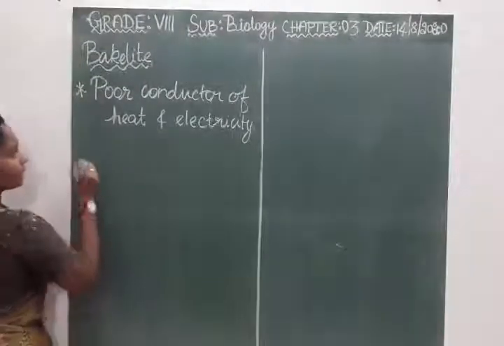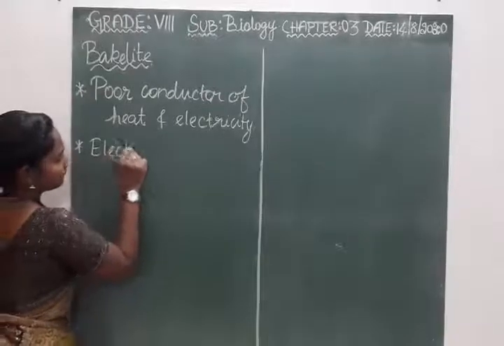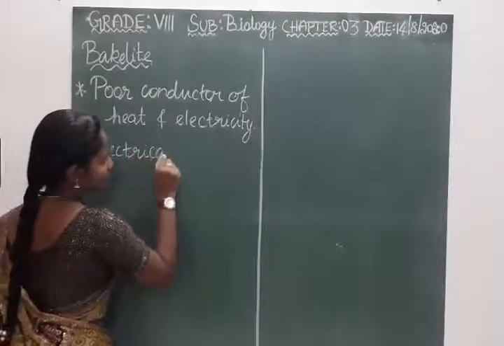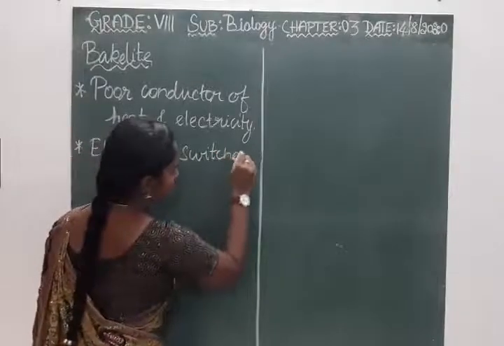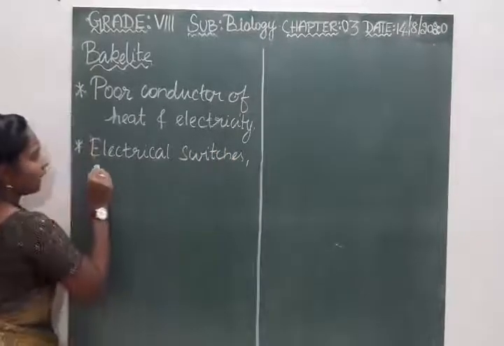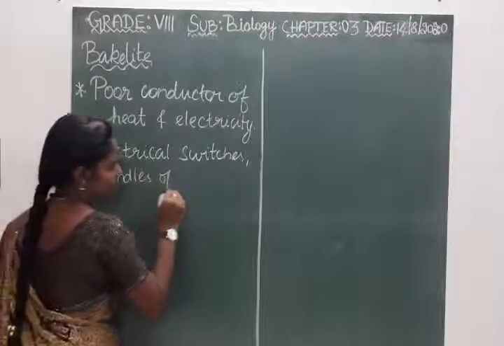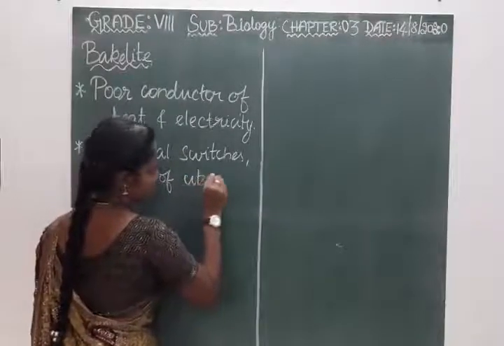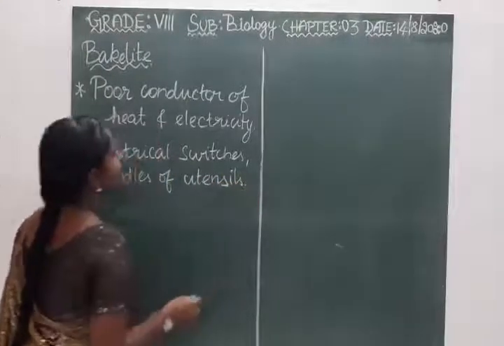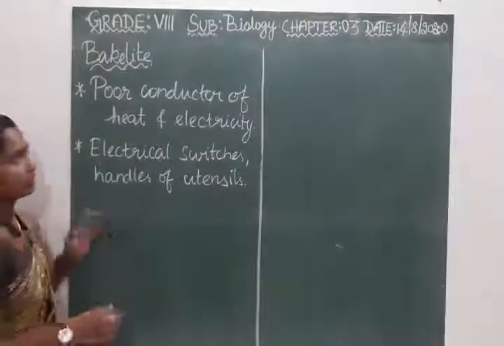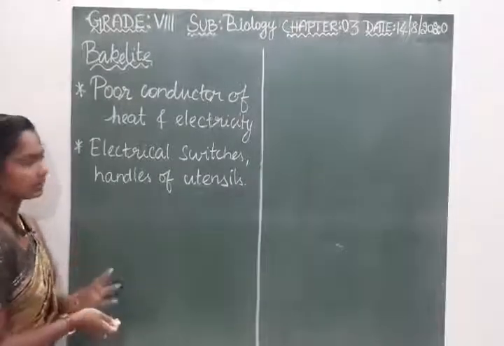And this is used in electrical switches and in the handles of utensils. So this is about bakelite, a poor conductor of heat and electricity, which resists heat and electricity.